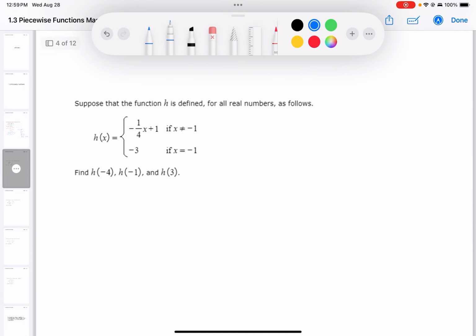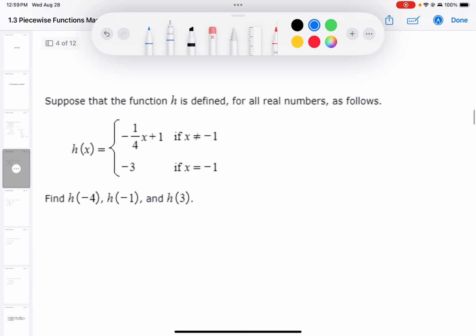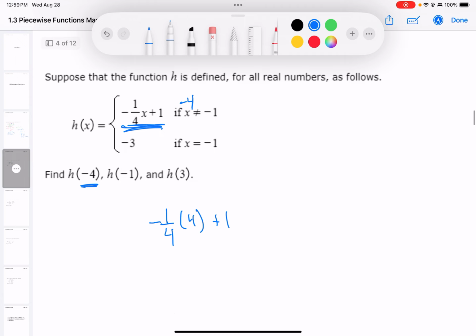Okay, so here we have another one. Once again, it's -1. It's not always going to be the case, but here we have -4. So -4 satisfies this requirement, so this is going to be the equation we use. So -1/4 times 4 plus 1. Well, -1/4 times 4 is going to be -1. So add 1.